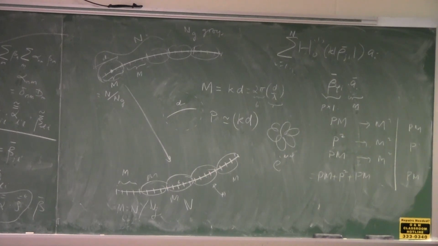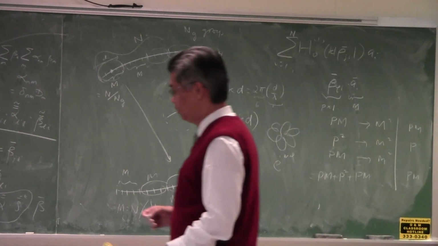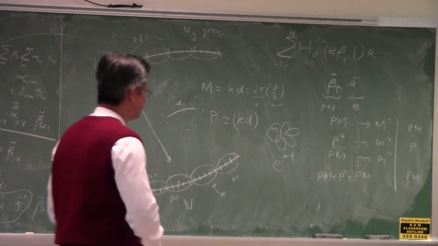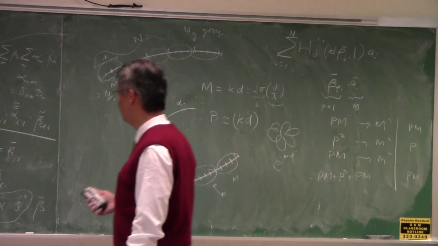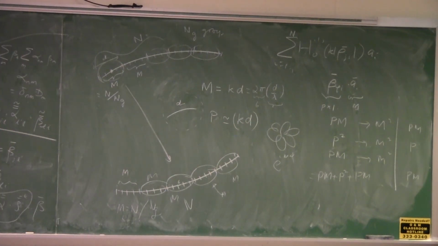P is the number of multipoles that I need, but you also have to remember that these things are now changed to a different beast. This beta tilde actually looks something like e to the i k dot rho.